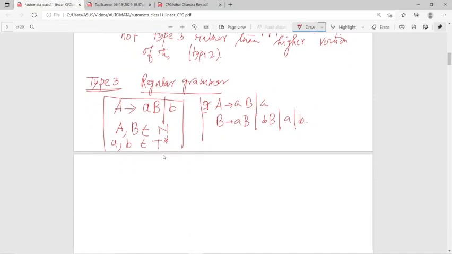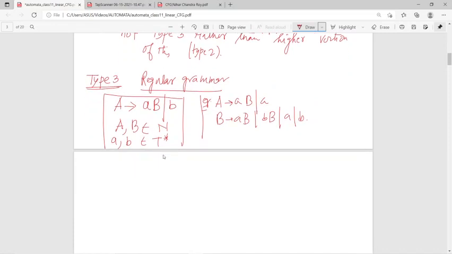You can say that is a right regular grammar, because the variable is present in the right side of the productions. Or another form you can write like that: if we write B to Ba or b, that means the non-terminal or variable is present in the left side of the productions.